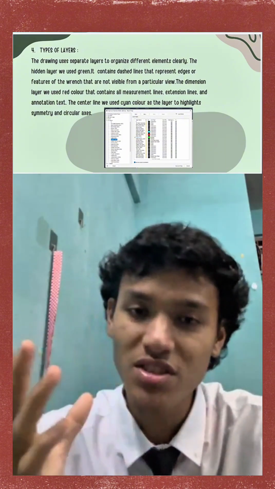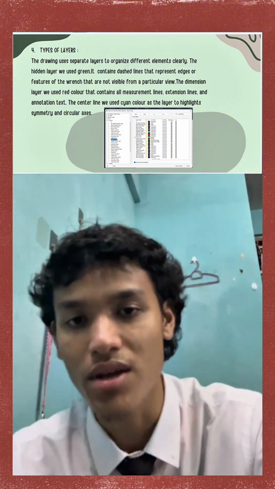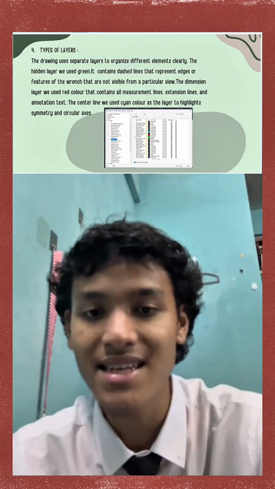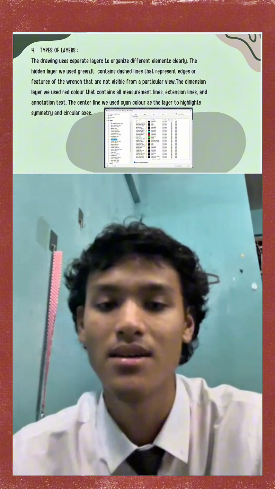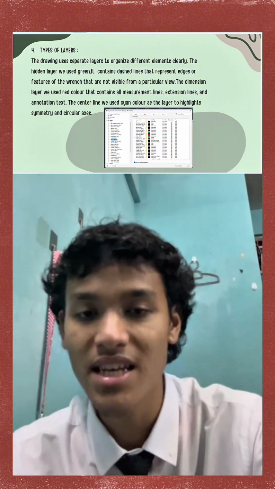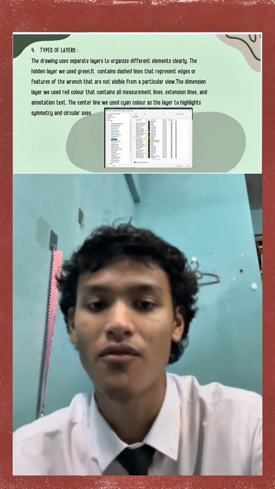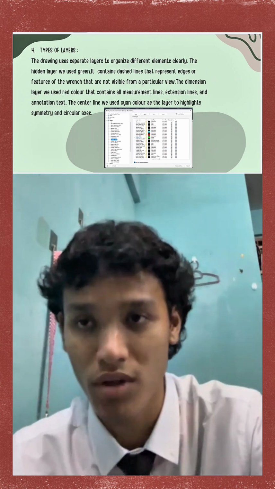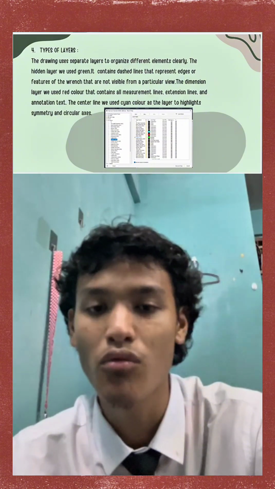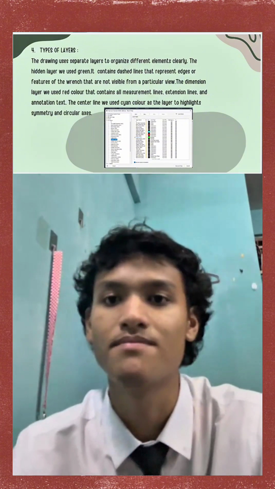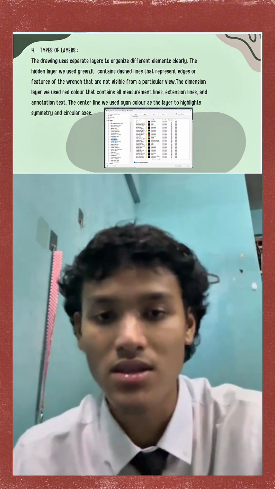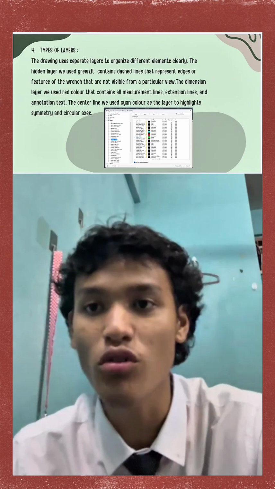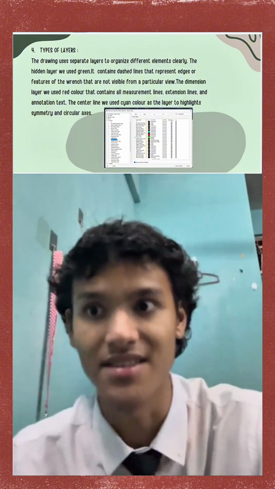I use different layers to organize the drawing, such as the hidden layer, where we use green color for hidden lines. For the dimension layer, we use red for measurements and annotation. And for the center line, for symmetry and circular axis, we use cyan color. I believe that if we use layers, we can ensure the drawing is neat, structured, and easy to read.